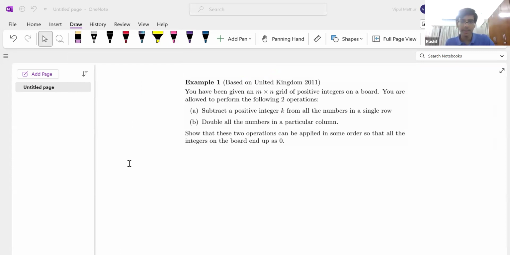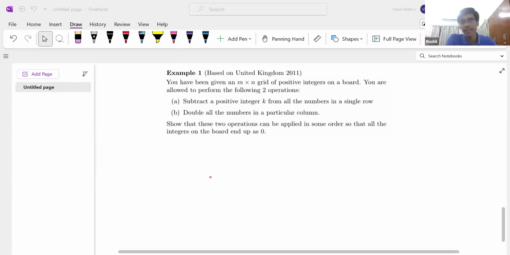This problem says you have an m cross n grid of positive integers, and you're allowed to either subtract a single number from all things in a single row or double everything in a particular column. You want to show that these two operations can be applied in some order so that all the integers end up as 0.